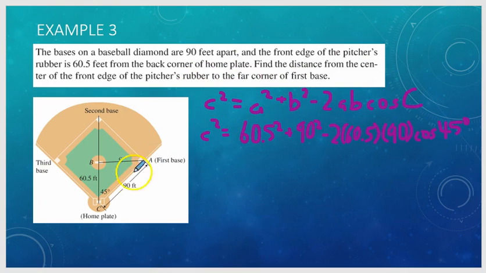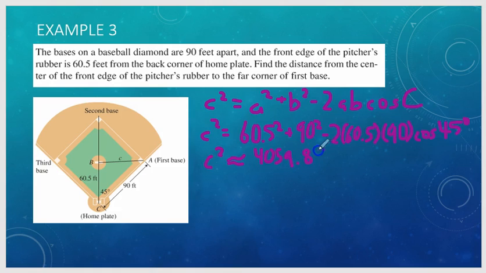And then I went ahead and plugged in, they already identified what is angle A, so that means side A is 60.5. What is angle B? So side B is 90. Plugging in the values, if you type this into your calculator, you should have gotten approximately 4,059.857.